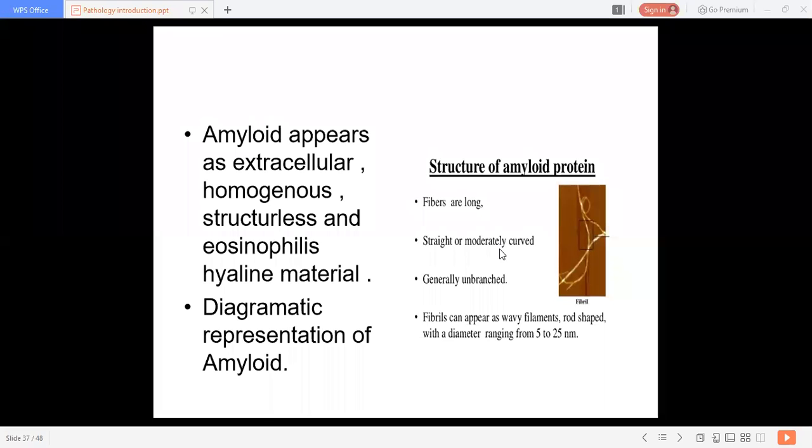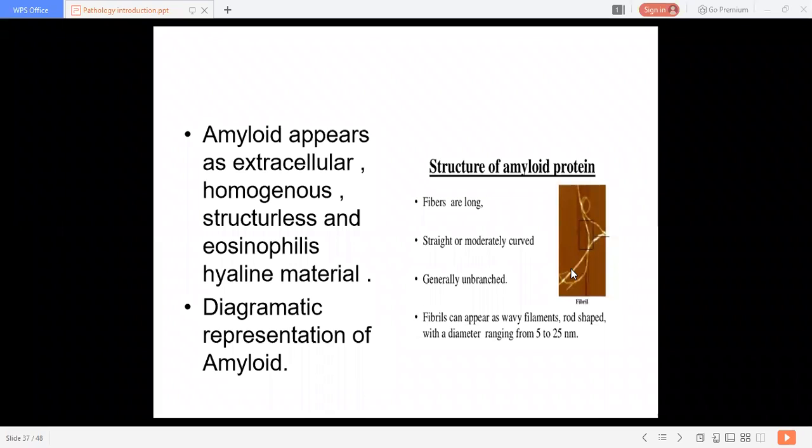Now the diameter of each fibril is given here as 5 to 25 nanometer, and the fibrils contain microfilaments known as protofibrils.